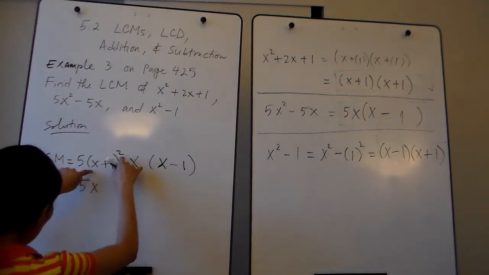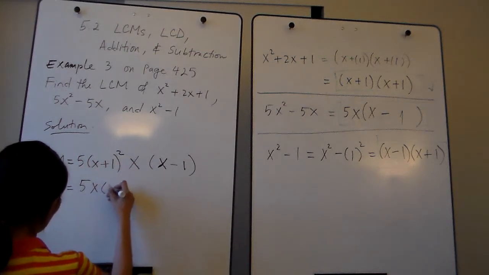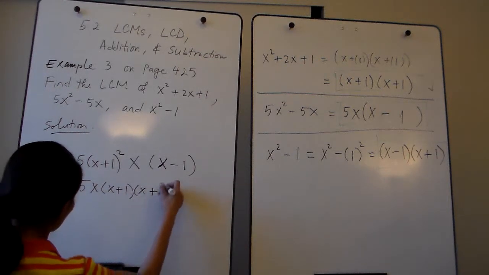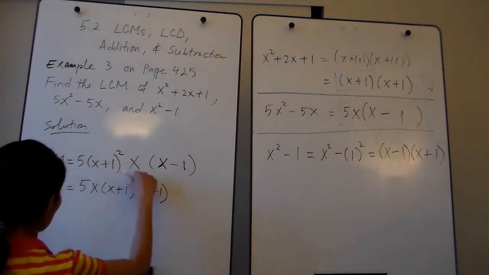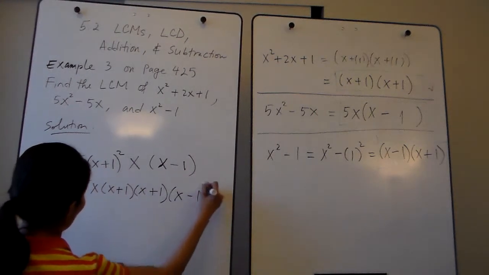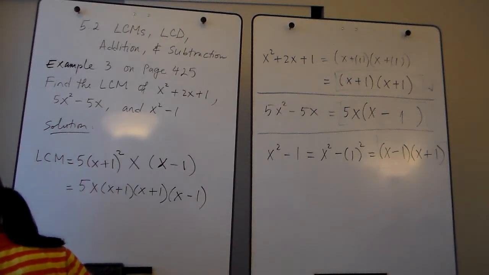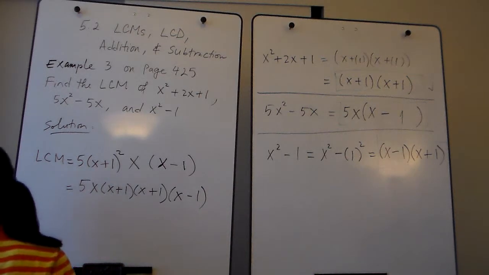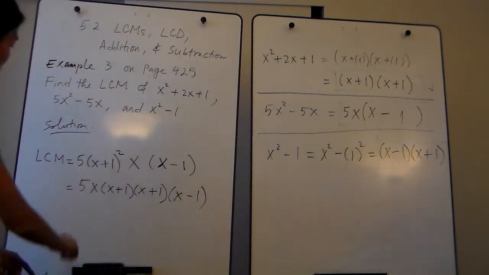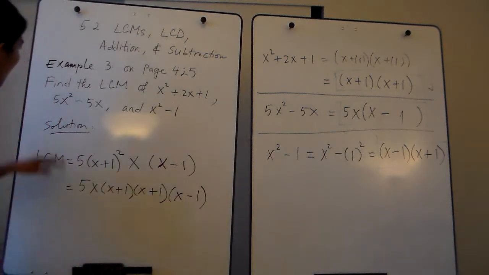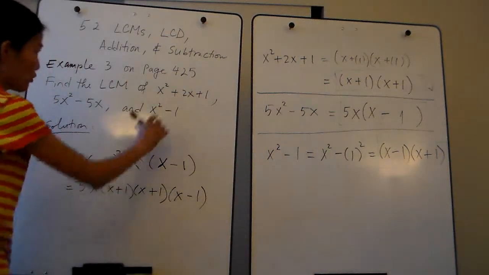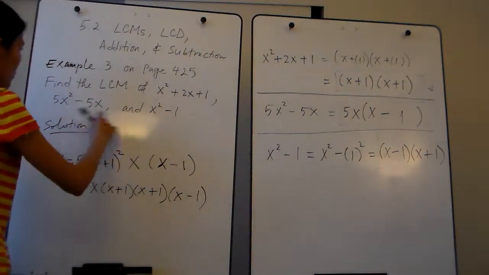This x plus 1, because it happened twice, so let's list out x plus 1 times x plus 1. So we're done with these terms. Remaining is x minus 1. Okay, so this is the answer for example 3, which is the LCD. This is the LCD for these three expressions, 1, 2, and 3.